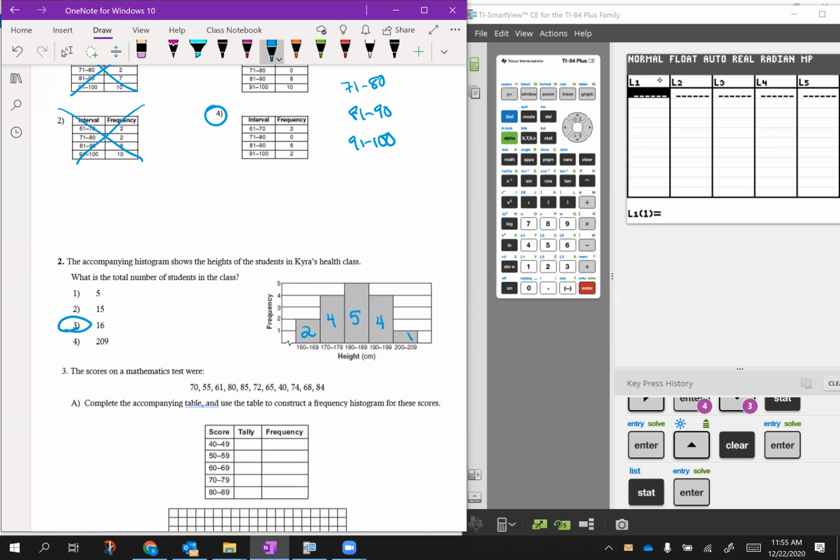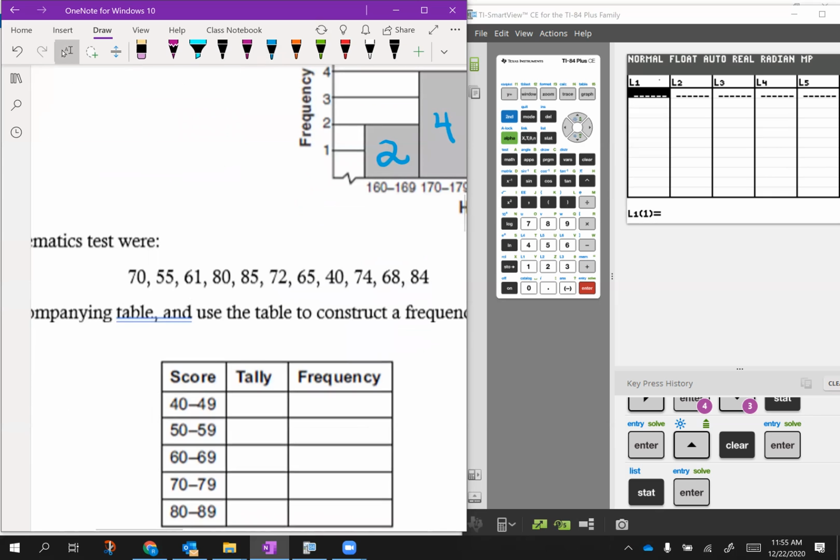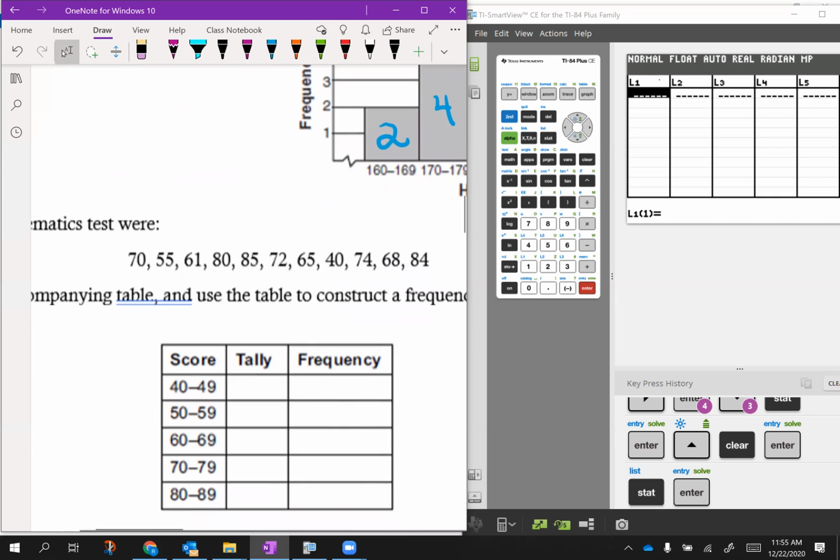All right, so for the next one, we're just going to do the tallies in the center column, and then we will add them together and do the frequency. I like to cross them out as I go.